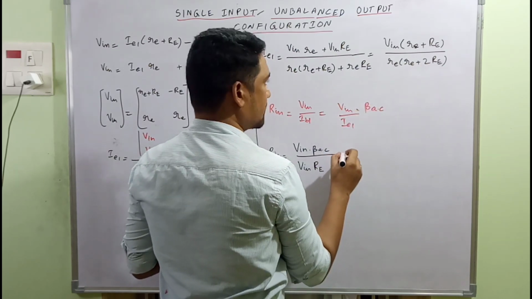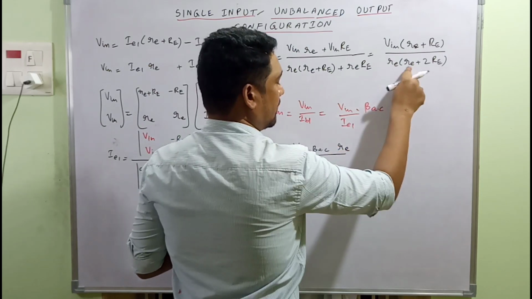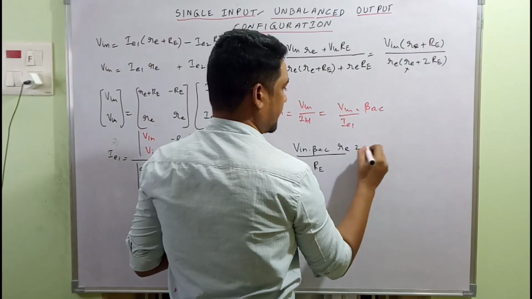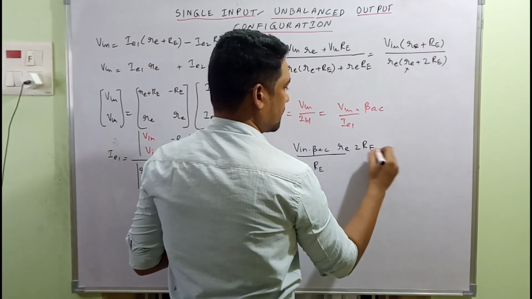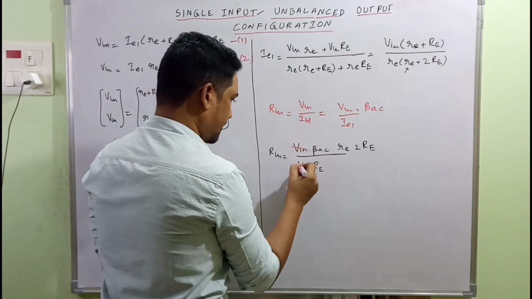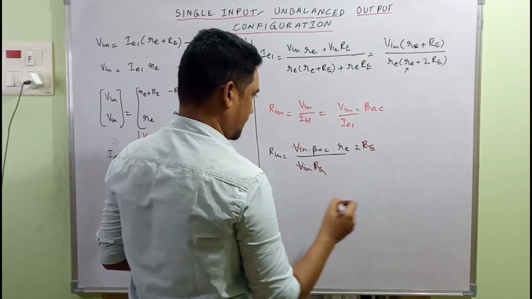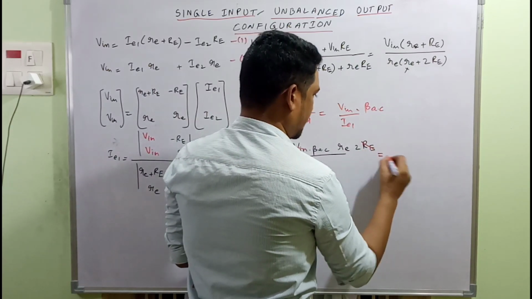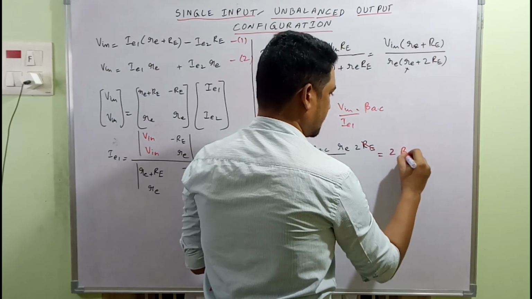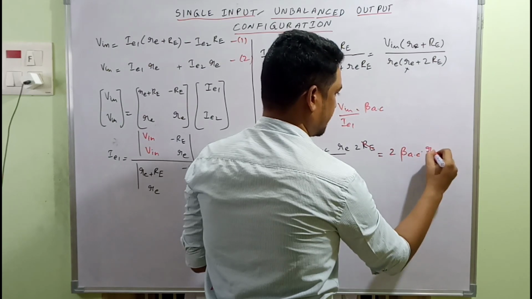What are the parameters left over here? It's RE, and inside the bracket this can be neglected when compared to this, so we'll be left with twice of RE. What gets cancelled over here, guys? V in the numerator and denominator gets cancelled, and RE also, the external resistance. So our final input impedance will be equal to twice of beta AC into RE.